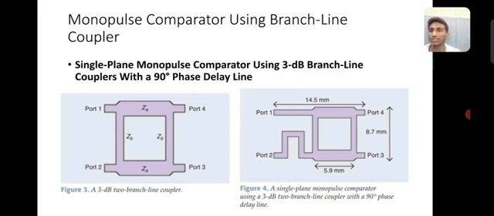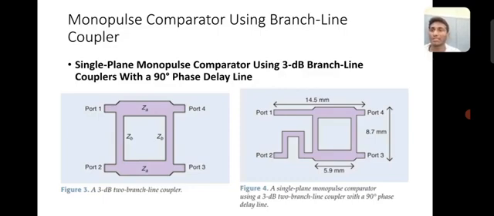Coming to the monopulse comparator using a branch line coupler, here you can see two diagrams: a 3 dB branch line coupler and a single plane monopulse comparator with a 3 dB branch line coupler with 90 degree phase delay. In the first picture we don't have the delay, but we take the 90 degree phase delay.